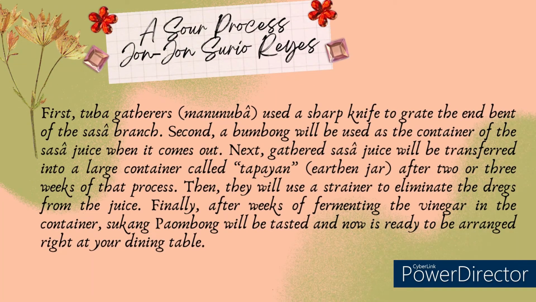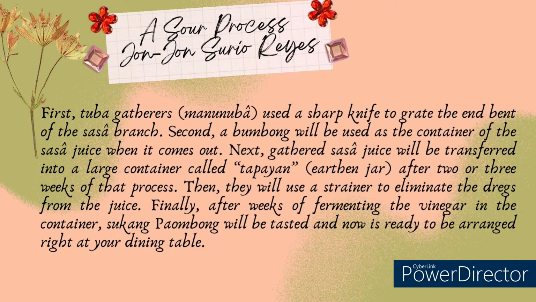First, tuba gatherers or manunuba used a sharp knife to grate the end bent of the sasa branch. Second, a bumbong will be used as the container of the sasa juice when it comes out. Next, gathered sasa juice will be transferred into a large container called tapayan or earthen jar.